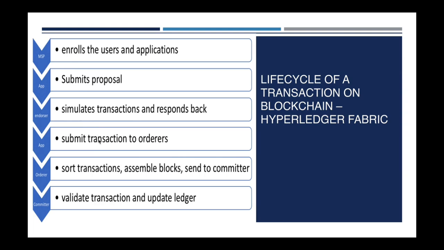Then application submits the transaction to the orderer. Orderer sorts the transaction, assembles block and sends to committing peer. So committing peer validates the transaction and updates the ledger. This is the simple way of explaining how transaction works in Hyperledger Fabric. We will see a much more detailed process as we move ahead in this course.